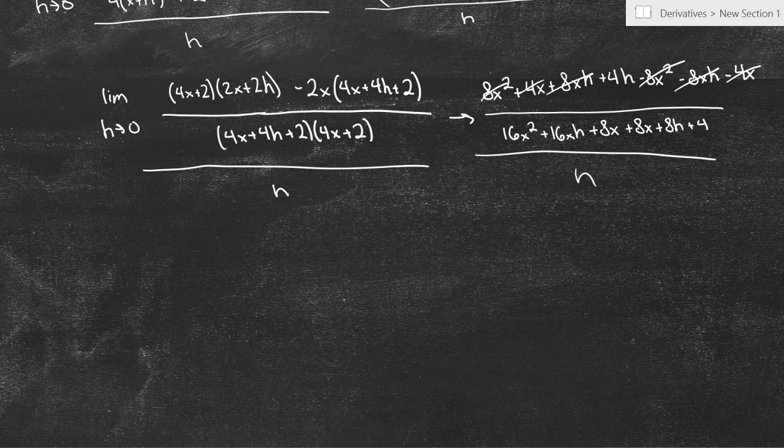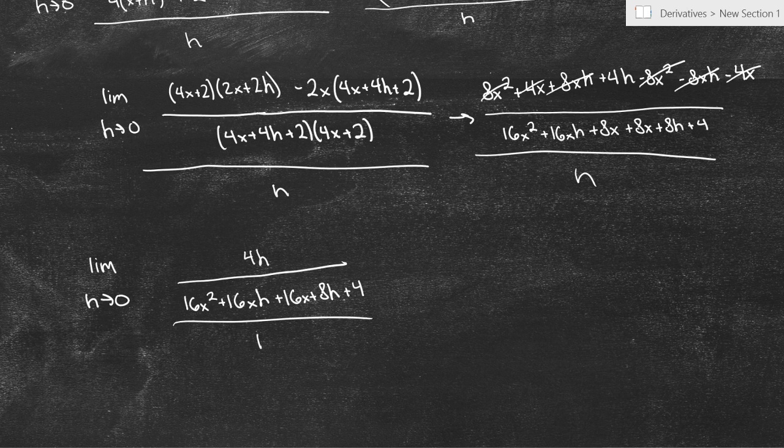Okay, well that cancels out pretty well, so I'm left with the limit as h approaches 0, and all I have on the top now is this 4h. So that's looking good. We're getting closer. Divided by, still got a lot down here, 16x squared plus 16xh plus 16x plus 8h plus 4. Still all divided by h.